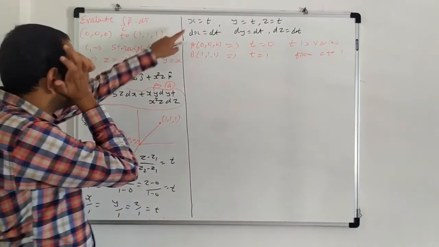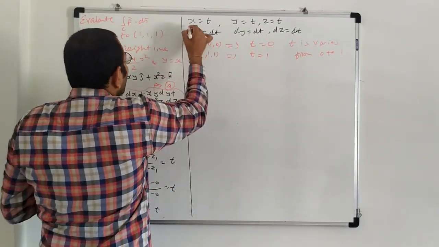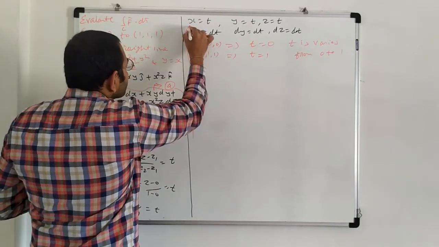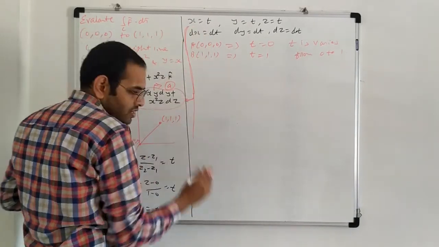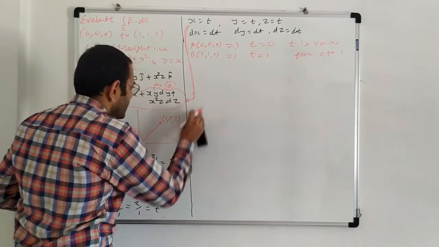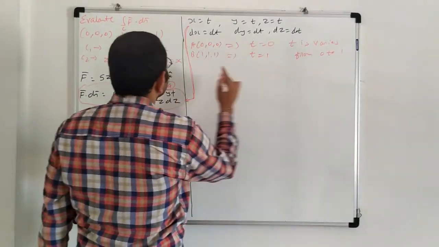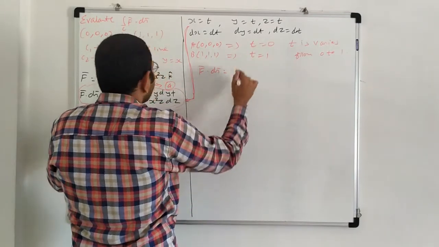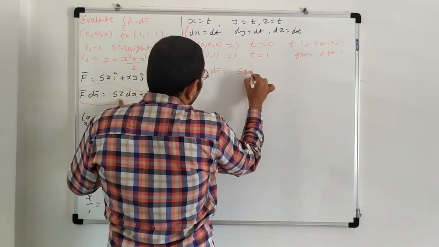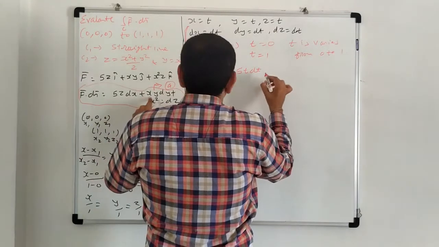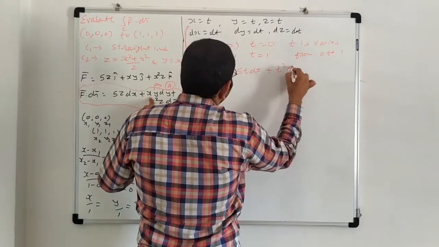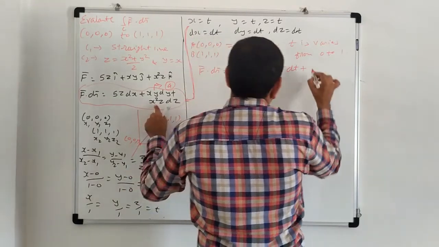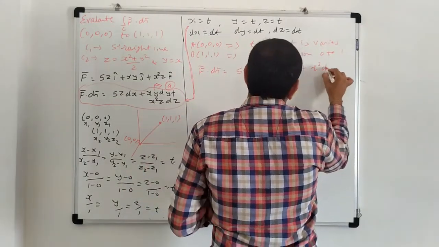Now substitute these values in these equations. Then we get f bar dr, with z equal to t: 5t dt plus t into t square dt plus x square into t, means t cube dt.